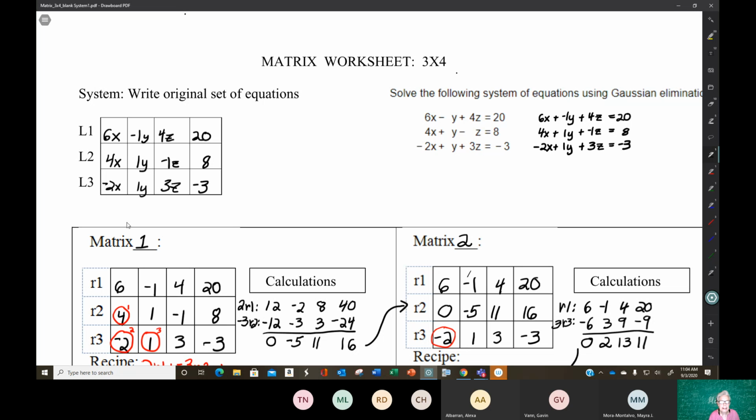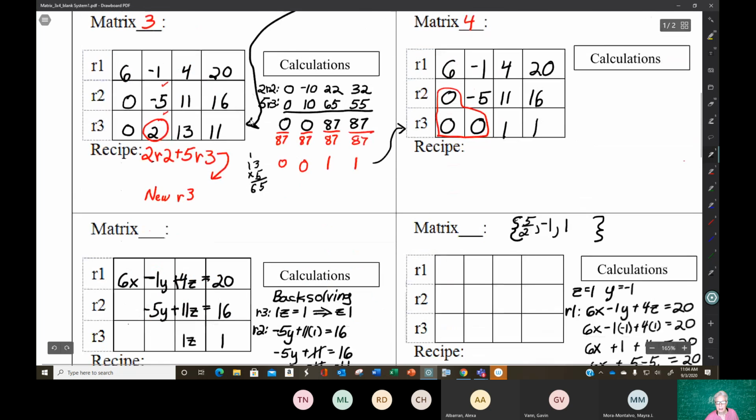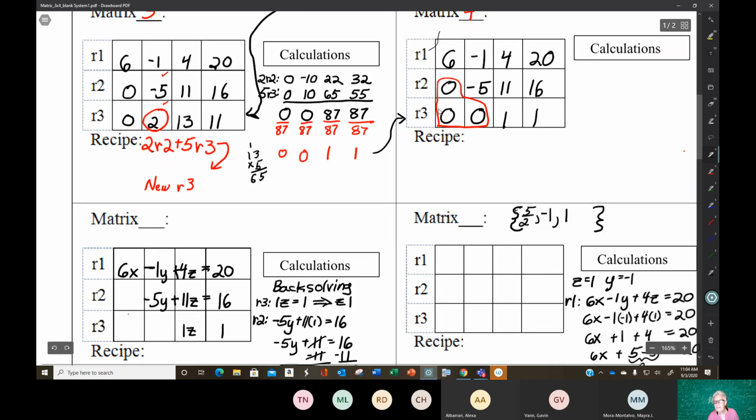And so what he did is he continued the row operations, so that after you would have had this lower triangle of zeros, you would continue getting zeros. This would be your first zero, this would be your second zero, that would be your third zero.